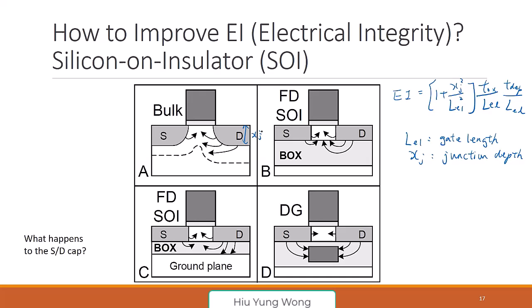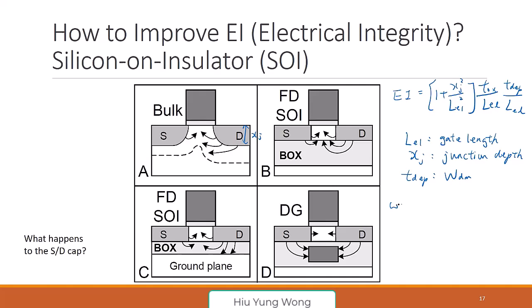Does it make sense? When you have a deeper junction, you have a deeper drain, your gate has less control because here the drain can try to control your channel like this. Your gate is far away. It's more difficult to control. T depletion basically is just the WDM, the depletion width.